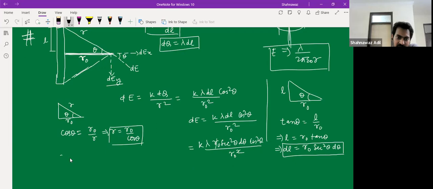What is sin theta into 1 by sin theta? This is 1. So cos theta into sec theta, which is 1 by cos theta, is also 1. So these cancel together, and we have k lambda d theta by r.